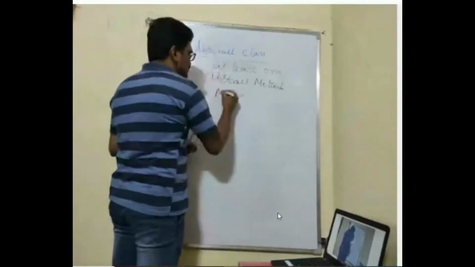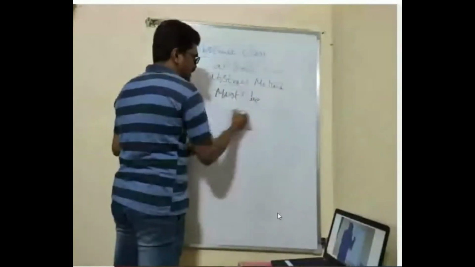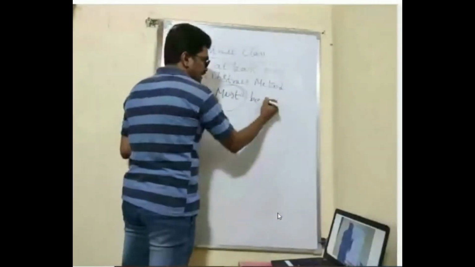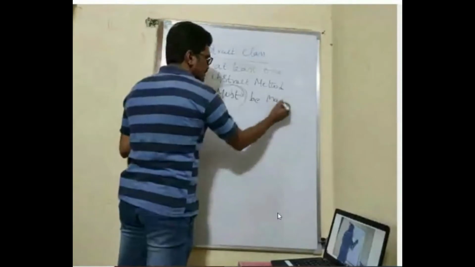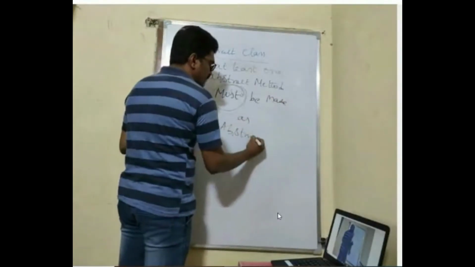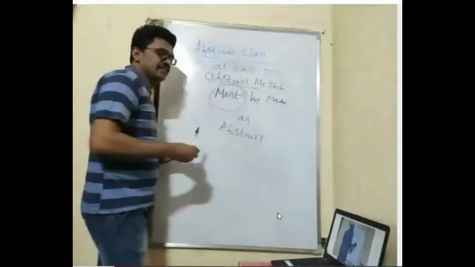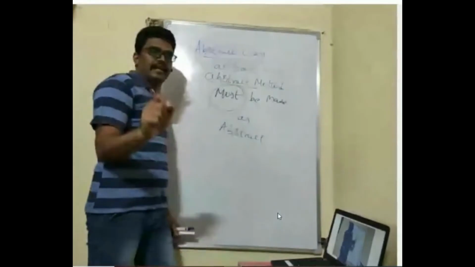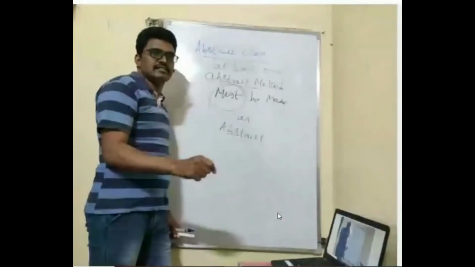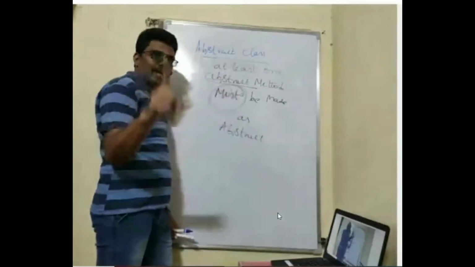I'm telling again and again: if a class is having at least one abstract method, then that class must be made as an abstract class. I repeat again, a class that contains at least one abstract method must be made as an abstract class.